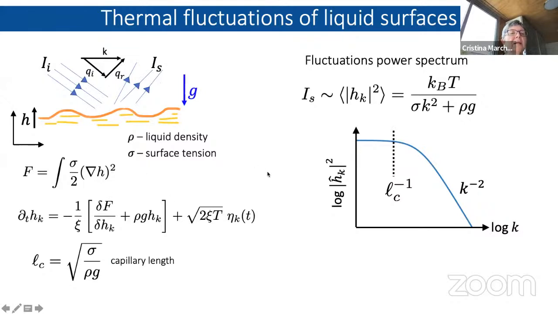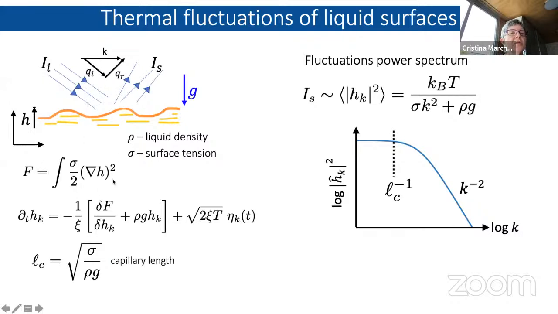You can actually calculate the spectrum of interfacial fluctuations very simply in the following way. So you have a liquid of density rho, say there is just vacuum above, and it has a surface tension sigma. You start with a flat interface, then a deformation can be described by a height h, how high the interface is above the flat reference state.